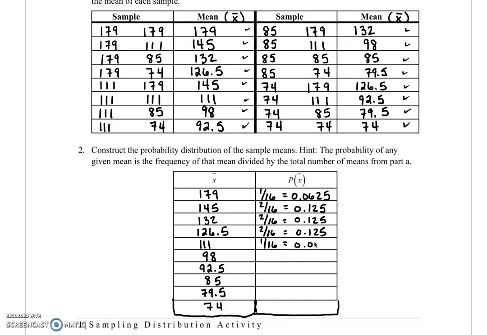So that's 0.0625. 98 occurs twice. So that's 0.125. 92.5 occurs twice. 85 occurs once. 79.5 occurs twice. And 74 occurs once.